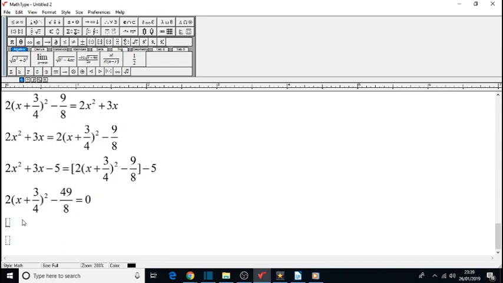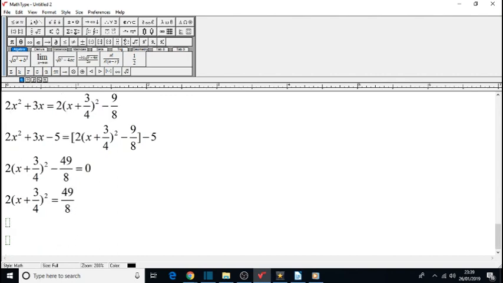So we're going to get 2(x + 3/4)² is equal to 49/8, and we want to get x on its own, so we're going to divide by 2 as well.